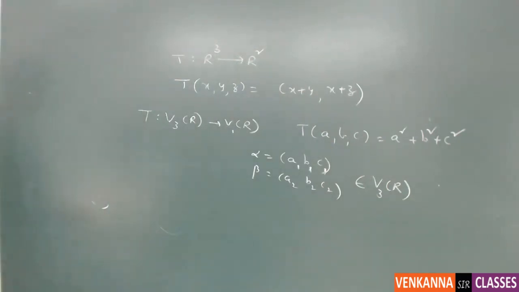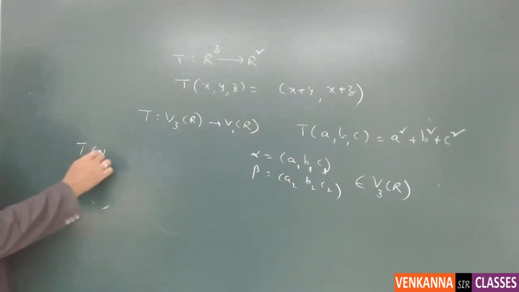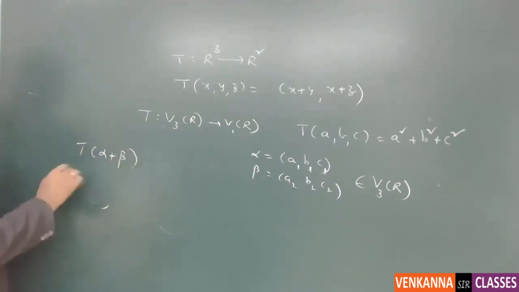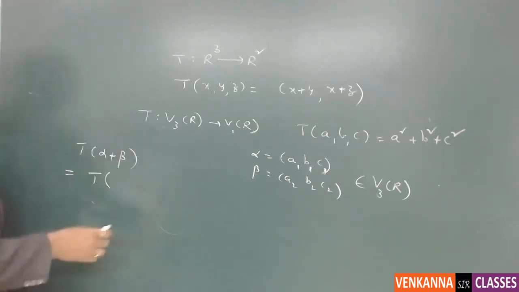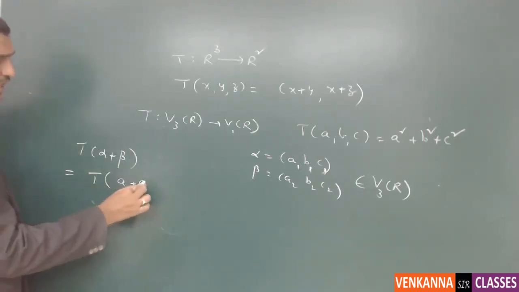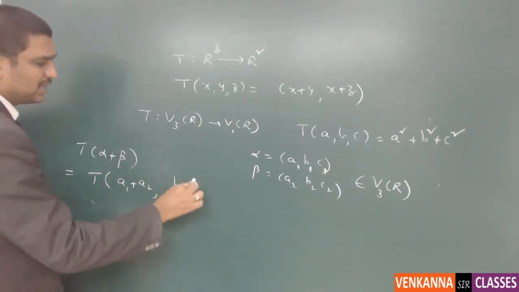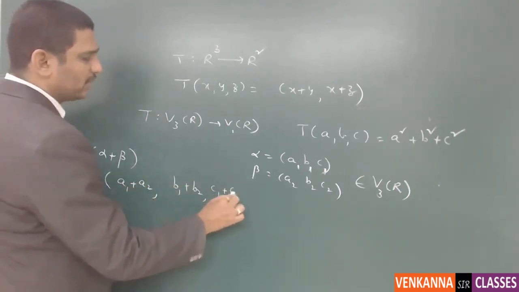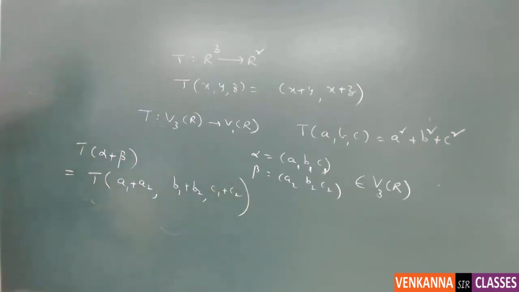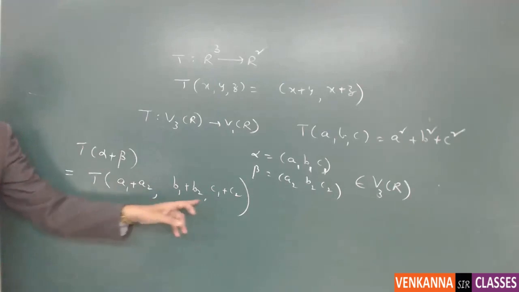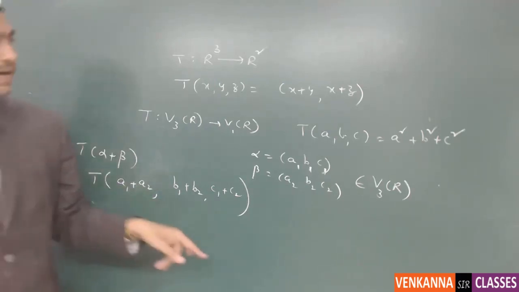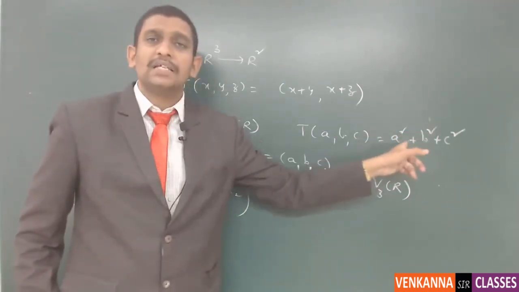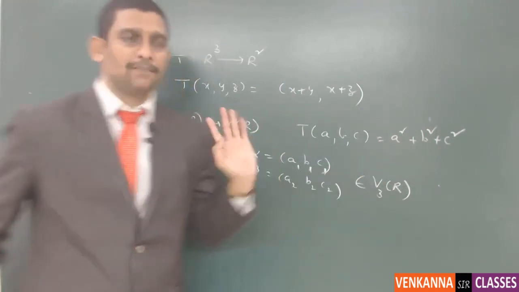Now I am going to make use of the first condition. Suppose I am considering T of alpha plus beta. So what is alpha plus beta? If we add it, it is (a1 plus a2, b1 plus b2, c1 plus c2). Whenever you take a 3D vector, you are taking the sum of the squares of the coordinates.